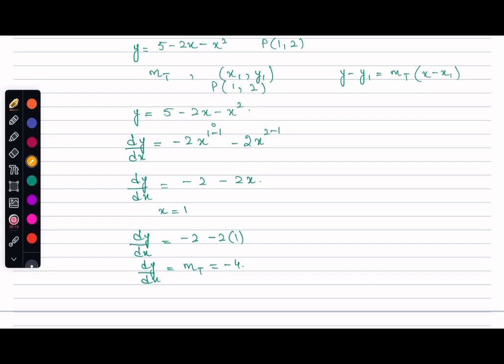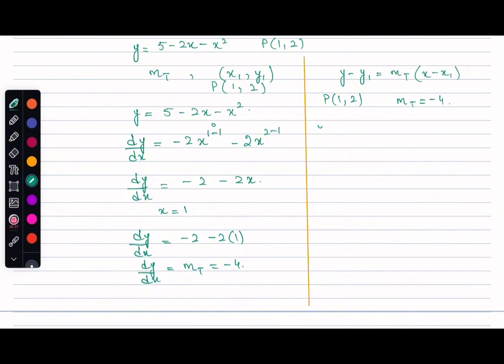To have the equation of the tangent, I have my point P, given as 1 comma 2. This is the point at which we have to find the equation of the tangent. I also have the gradient value, negative 4.